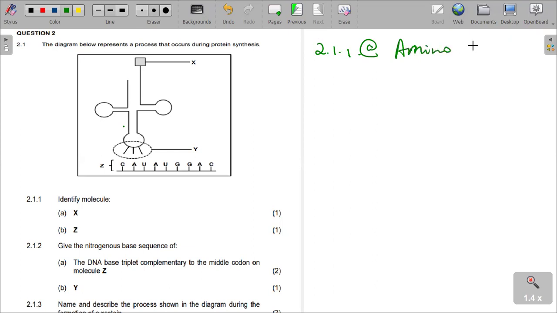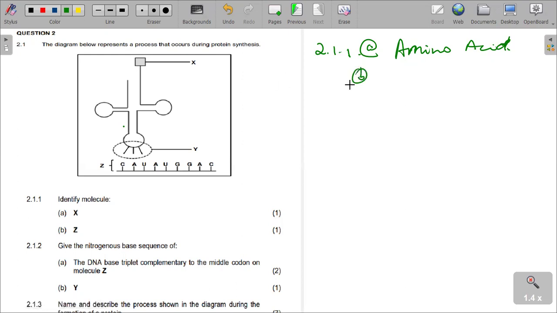The amino acid that is shown there is the amino acid. Next, question B.